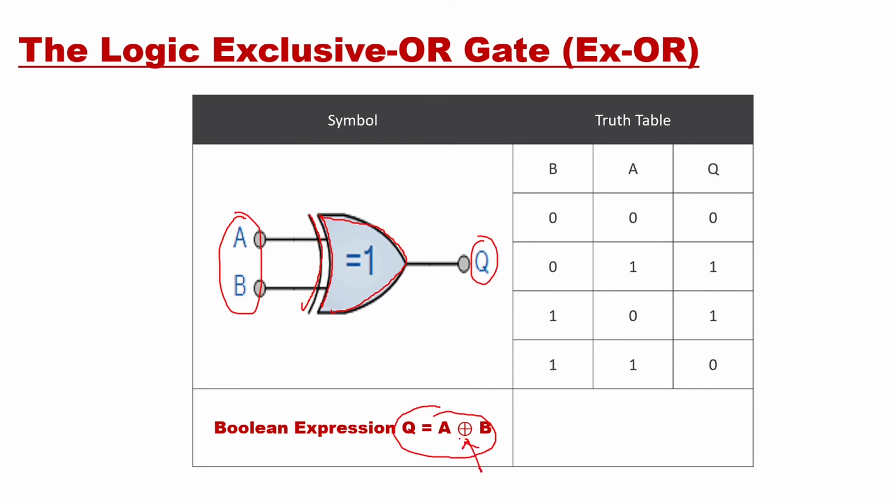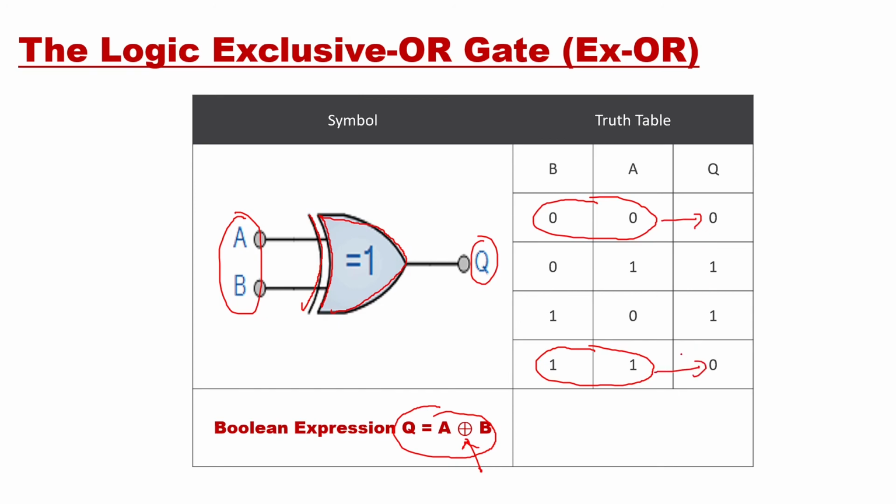Now what does this combination give? It says that if the inputs are the same, then the output will be 0. If the inputs are not the same, they are different, then the output will be 1. In the first combination, when the inputs are 0, 0, the inputs are the same, and when the inputs are 1, 1, they are the same.